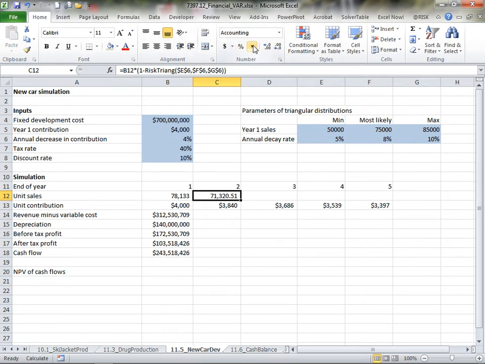Okay, so there's demand in year 2, and then demand in year 3, 4, 5. And if I hit F9, you'll see in fact now demand is decreasing across the 5 years, but it's decreasing in a random fashion around that triangular distribution.